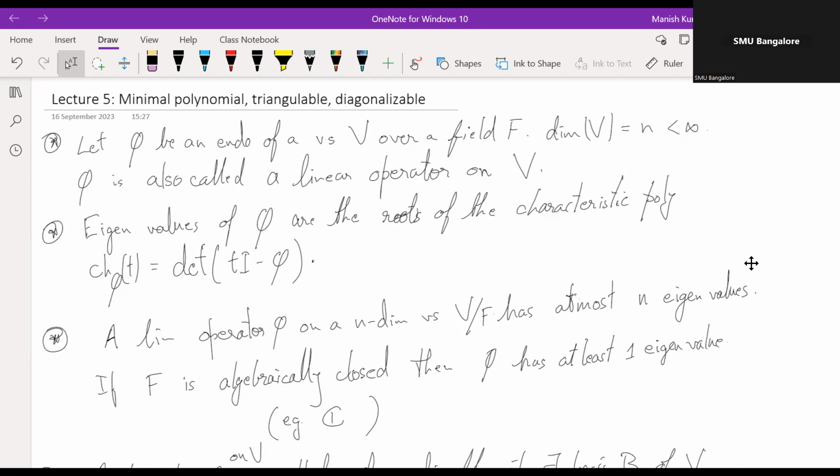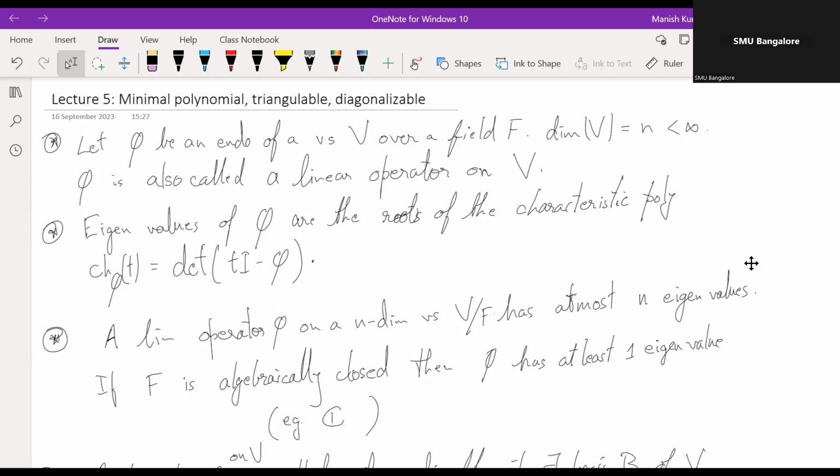If we start with an endomorphism phi of a vector space V over a field F, then phi is also called a linear operator on V. Many books use this; those who work on Hilbert spaces, with linear maps on infinite dimensional vector spaces, usually use the word operator. And those who work in more algebraic areas use the word endomorphism.